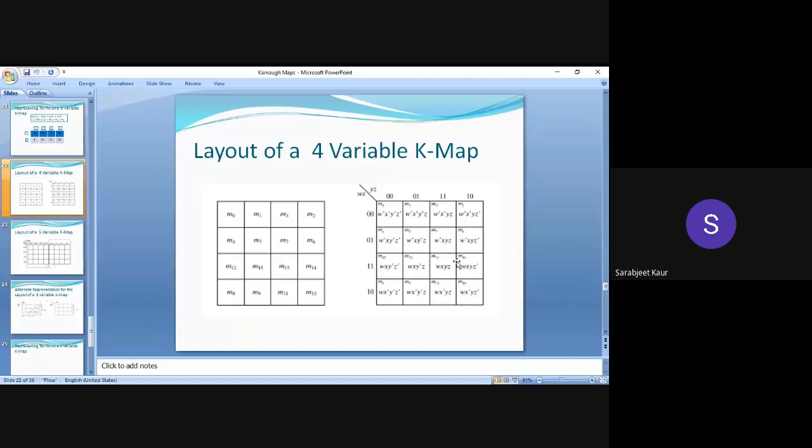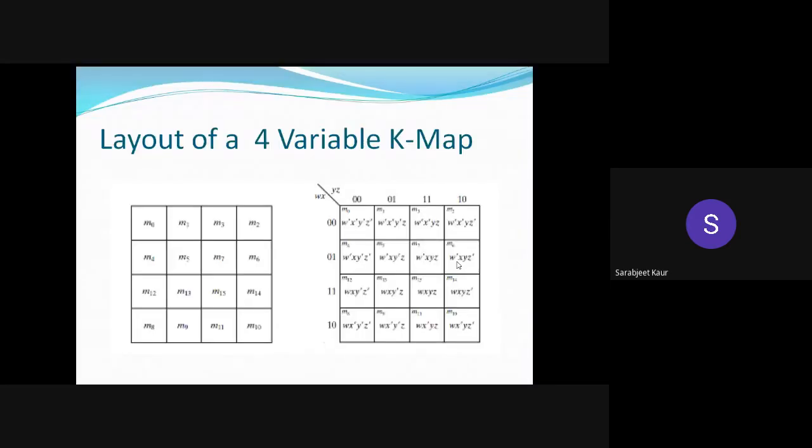Okay, so today we are going to start up with a four variable Karnaugh map. So what you see on the screen is how a four variable Karnaugh map is drawn. This is the basic four variable Karnaugh map. So please see, we are assuming that our function f, the Boolean function f now is a four variable Boolean expression containing the Boolean variables w, x, y, z.